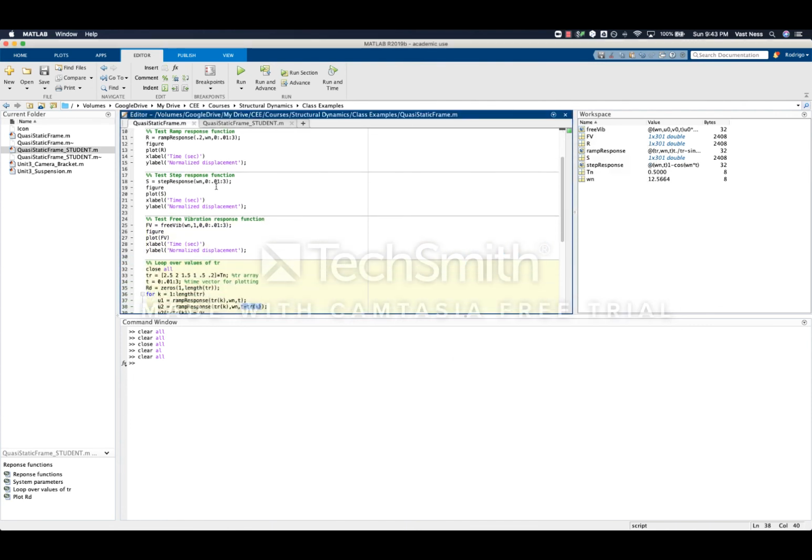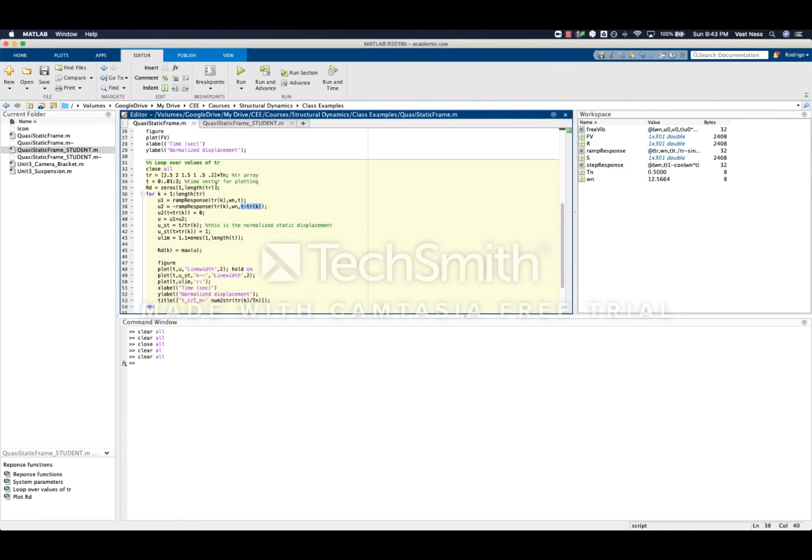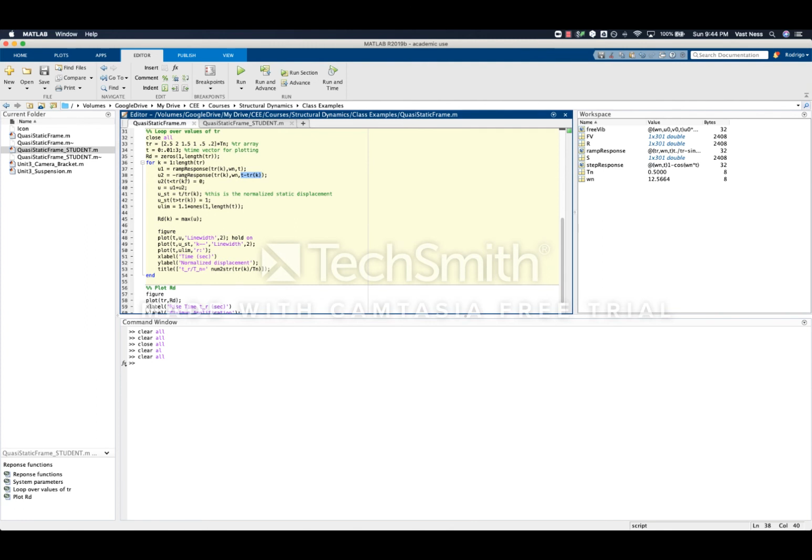Okay, so if you're back, let's look at how I implemented this loop. I've defined a set of rise times, and I've done this in a way that I've scaled it by the natural period of the system so that I get essentially the same results that Chopra has in the book.